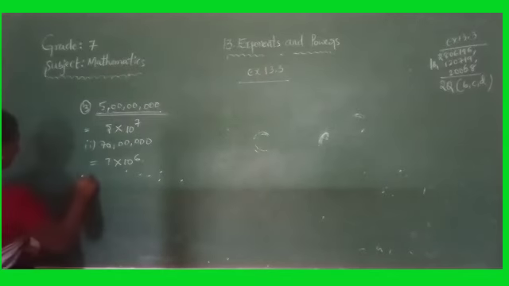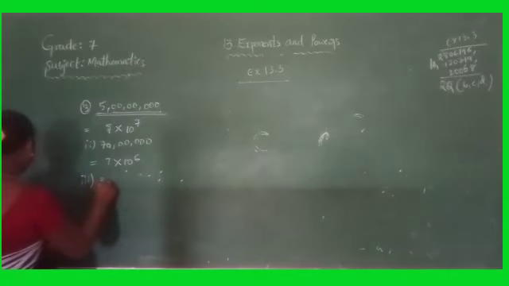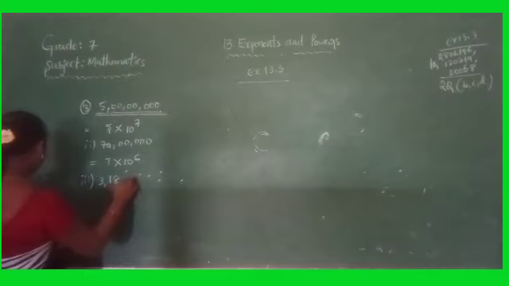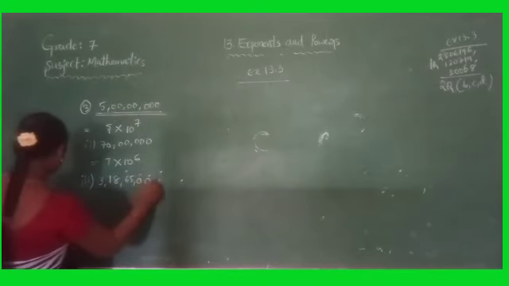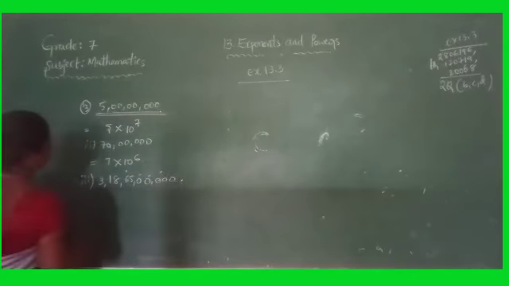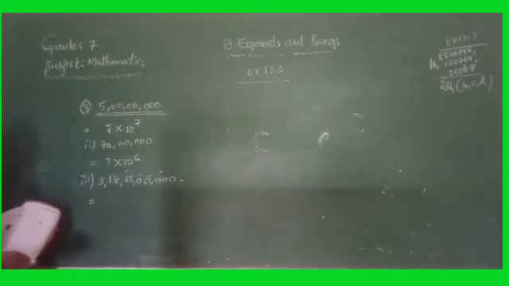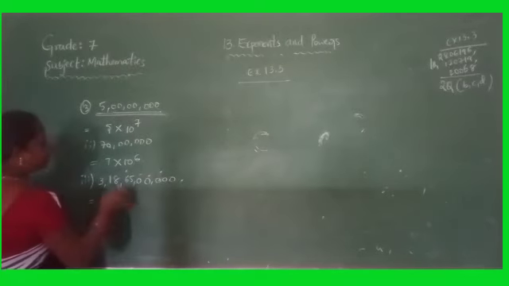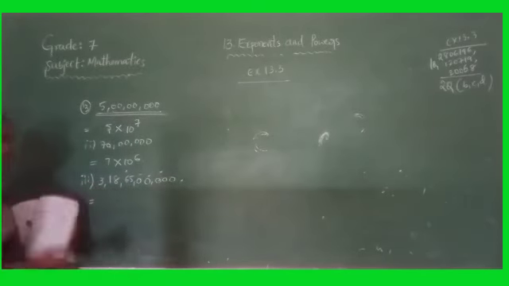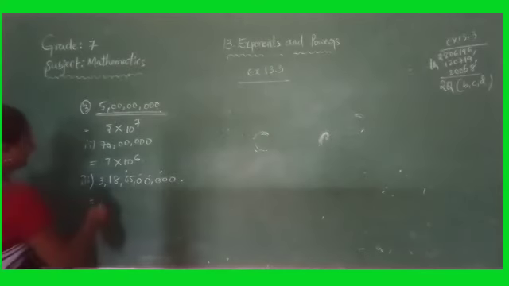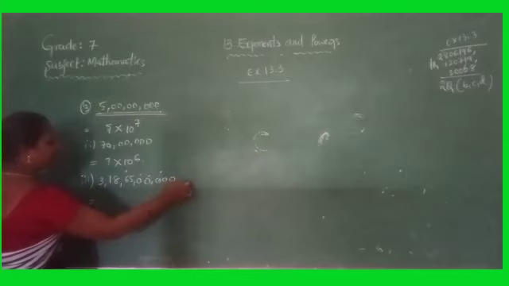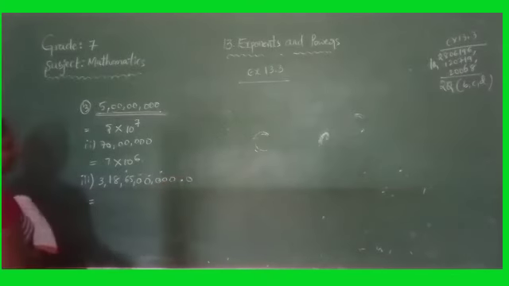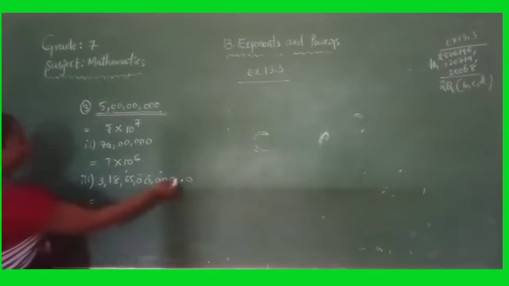Okay, suppose the number is like 318650000. Right. How can we write? We have to keep the decimal point and multiply by the power of 10. So here there is no decimal point. Suppose you give the decimal point after 0, then what you have to do?